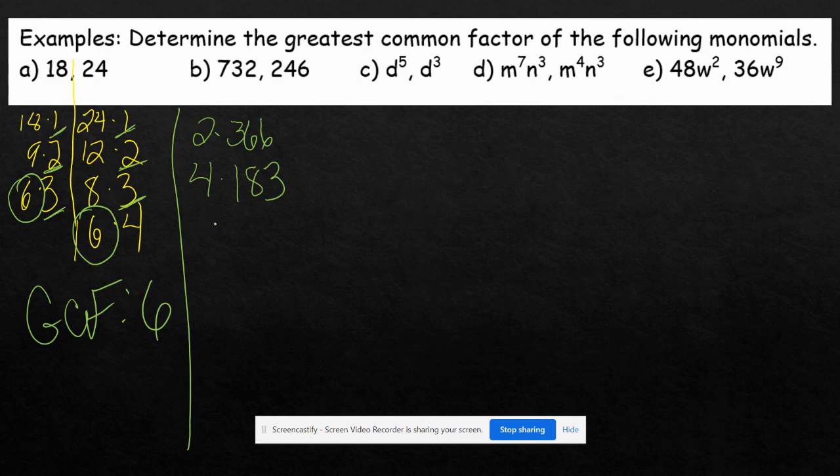Maybe I can divide by 6. Let's try that. 6 and 122. So 246. If I look at that, I know I can do 2 times 123.